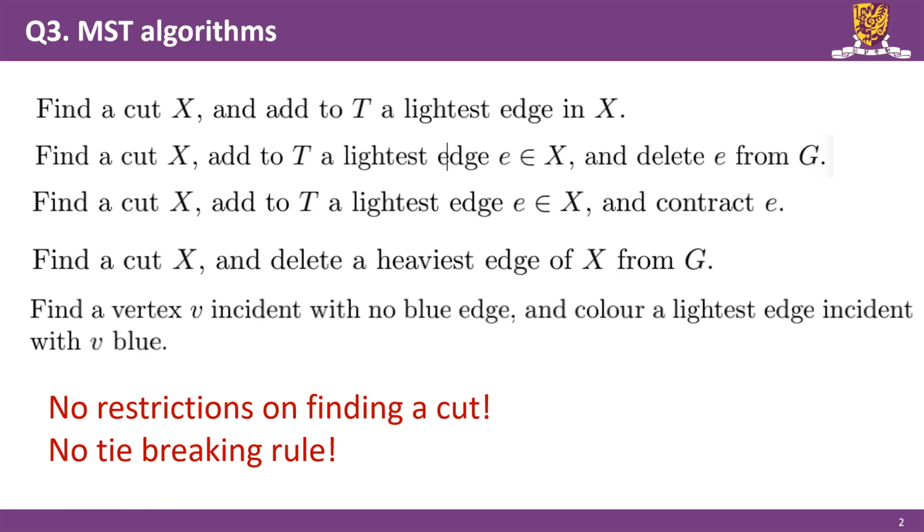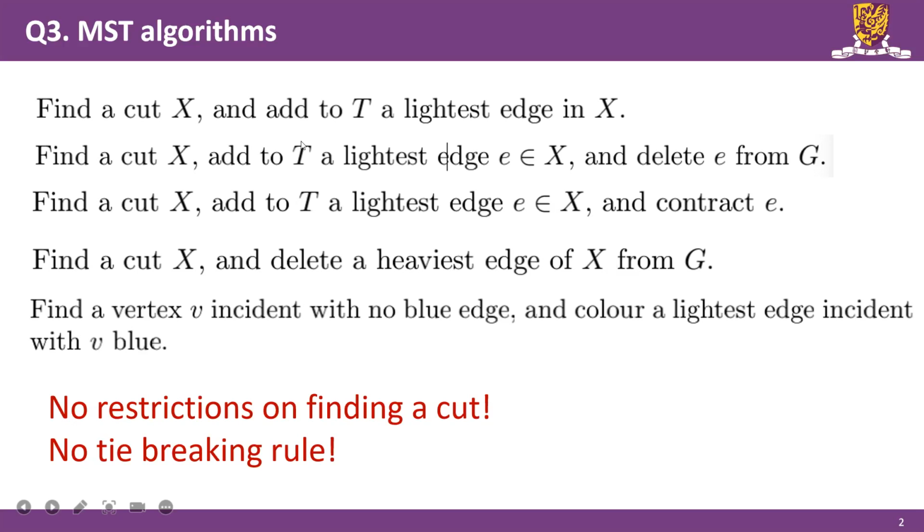First, it doesn't have any restrictions on finding a cut, so any cut available is acceptable. It's all valid cuts. And also there are no tie-breaking rules. These two parts can help you to find the valid counterexample.